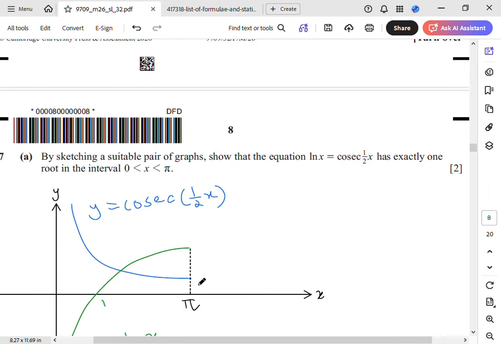So this is going to be equal to 1. And then ln x, it looks like this. Ln x also has the y-axis as the asymptote. It cuts the x-axis at 1. And if you take ln pi, it is going to be more than 1. So that means it will cut somewhere in between. So just by saying that they intersect at a single point.